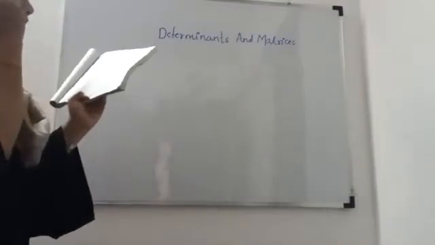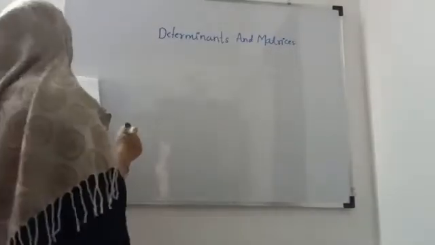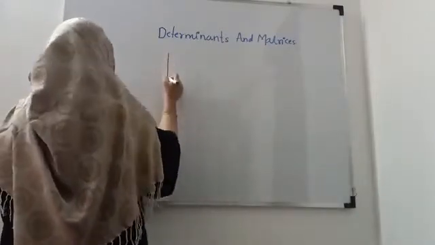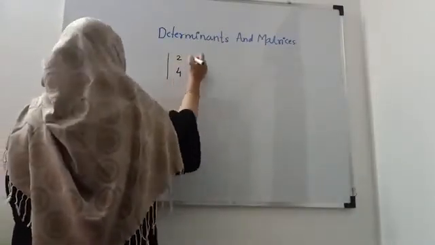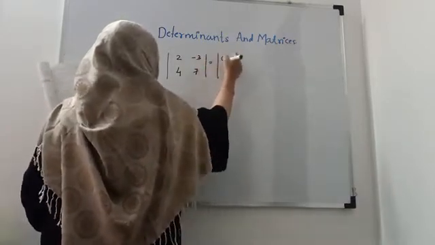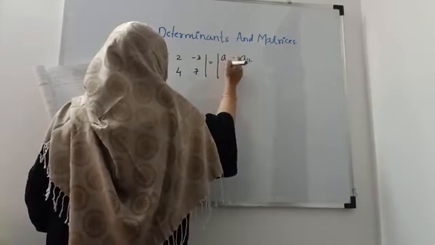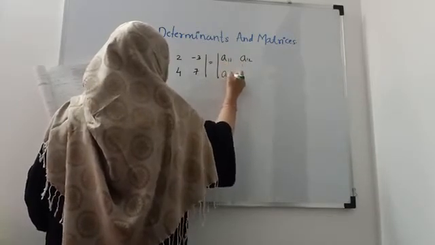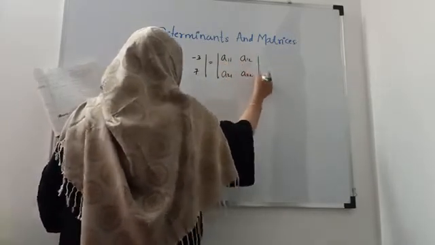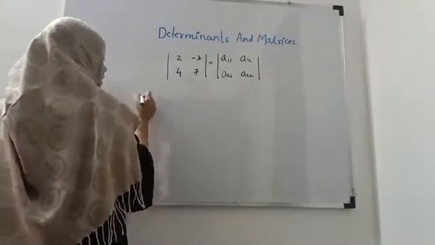So I am doing problem number 1, which is given on page number 61. Find the minors and the cofactors of the elements of the determinant 2, 4, minus 3 and 7. So here this is A11, A12, A21 and A22. We have to find the minors.